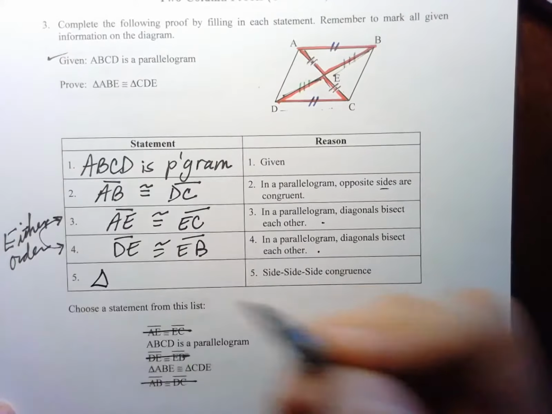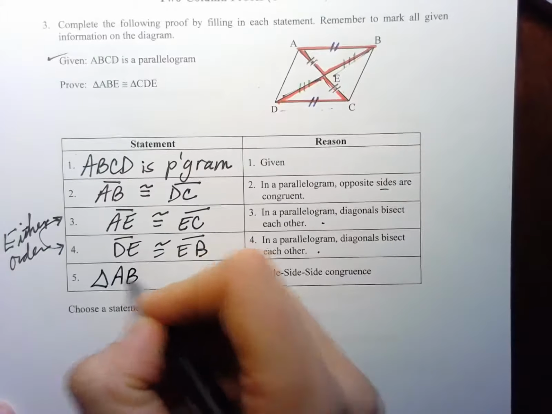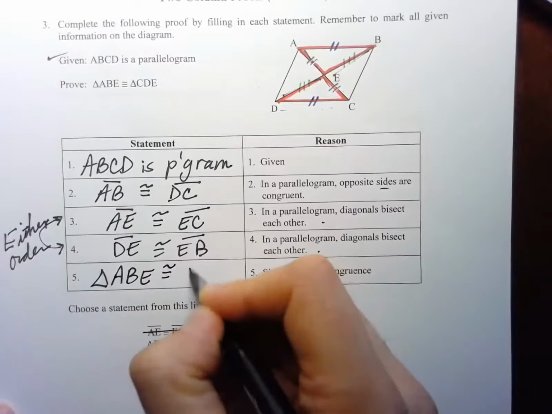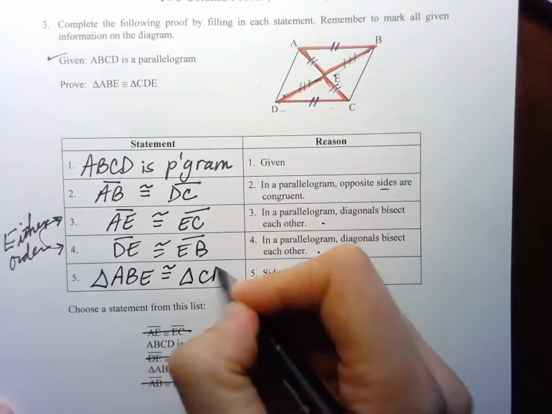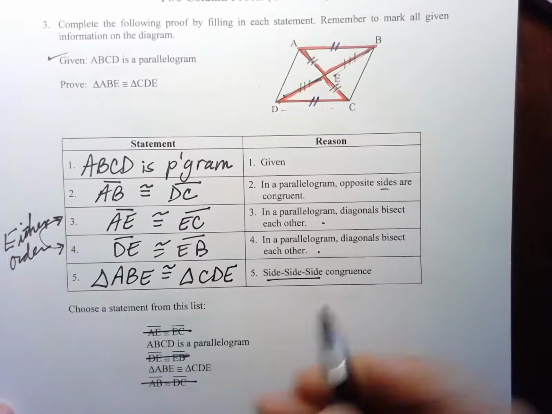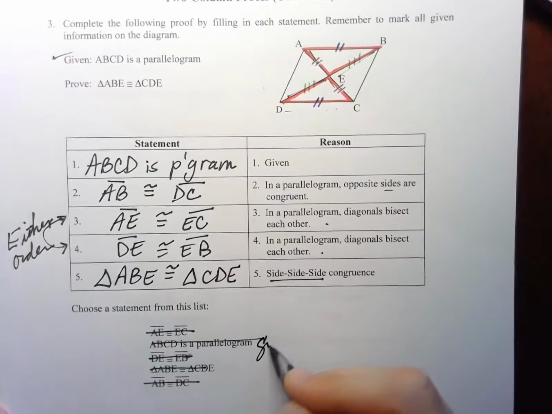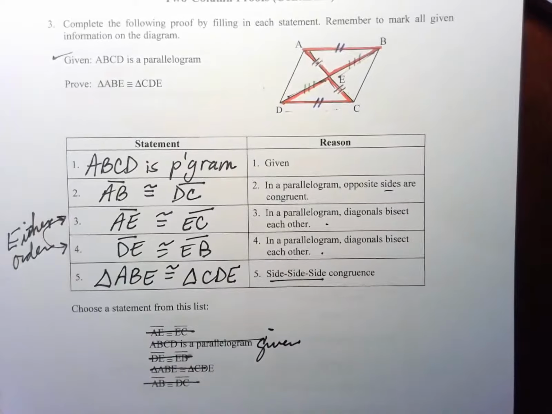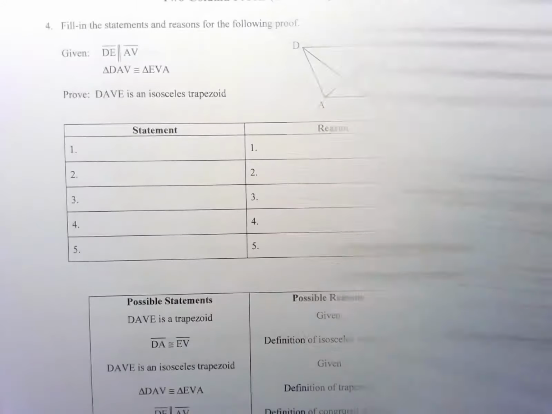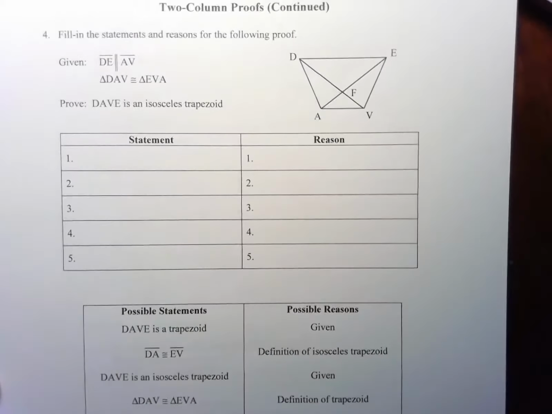And so I know that triangle ABE is congruent to triangle CDE because of side, side, side. So there's that. And of course I already used ABCD as a parallelogram because that was a given. Don't get confused about that. So that's all there is to that one. Okay? Let's do another one.